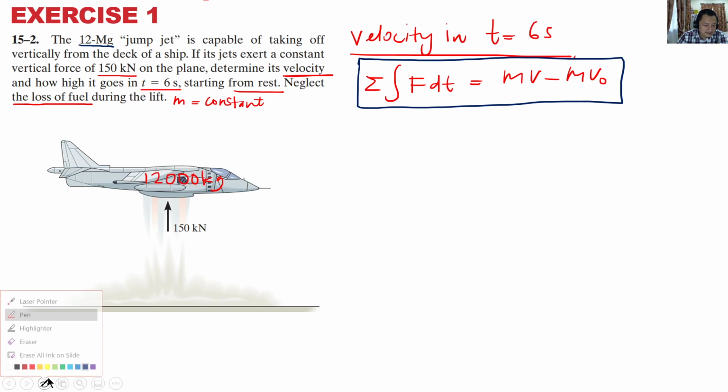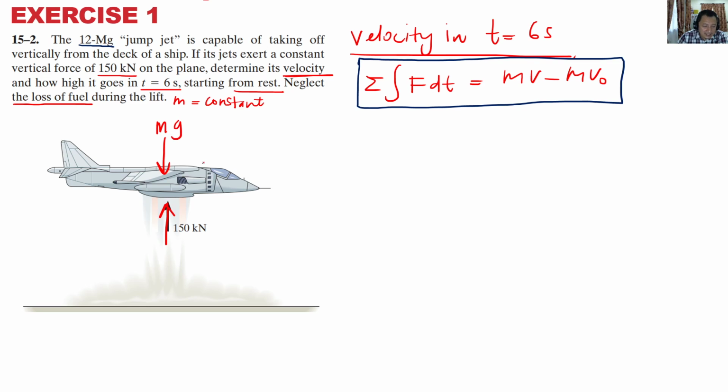Okay, let's try. Number one, definitely we need to draw a proper free body diagram. So this is 150 kilonewton going up. You have mg going down. Is there anything else? I don't think so. 150 kilonewton going up. It's traveling upwards, so upward is positive.